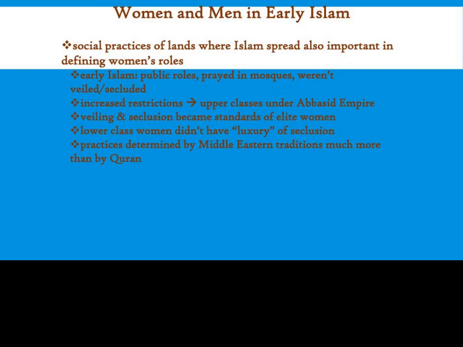When the Arab empires were established after Muhammad's death, this is when we see the increased restrictions on elite women. And many of these restrictions, the veiling and the sequestering, were in keeping with the earlier pre-Islamic practices in this part of the world.